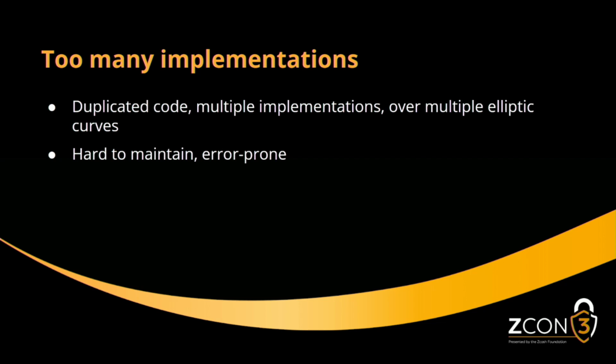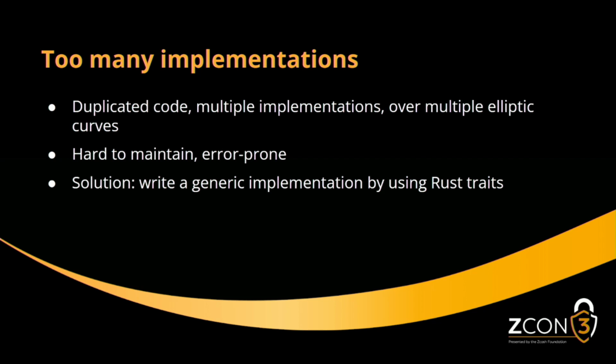Anyone who implements cryptography can attest to this, and especially anyone who has to do some sort of protocol coherence between multiple implementations that in theory would agree with each other about what they're trying to do. So this motivated us, since we were writing a lot of this in Rust anyway, to try to make a generic implementation. And I'll show you some code in a minute about what that means, and if you're not familiar.